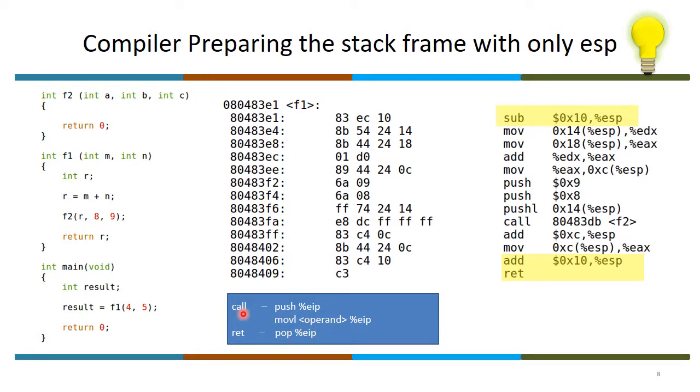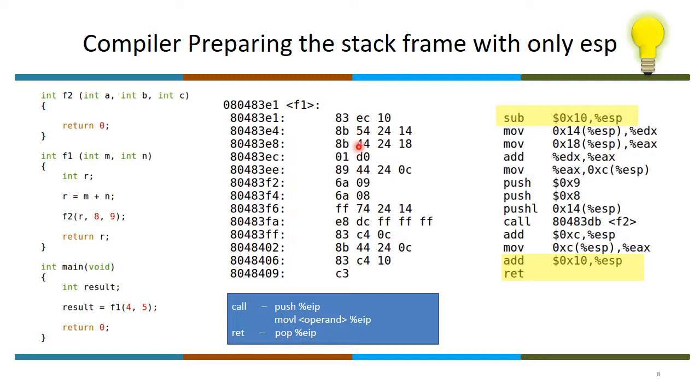Call instructions. When a call followed by the address is generated, this is what the compiler does. Push the EIP, the next address, into the stack, and then this operand is moved to EIP. That means when a call instruction is issued, the execution control immediately should jump into this address, right?